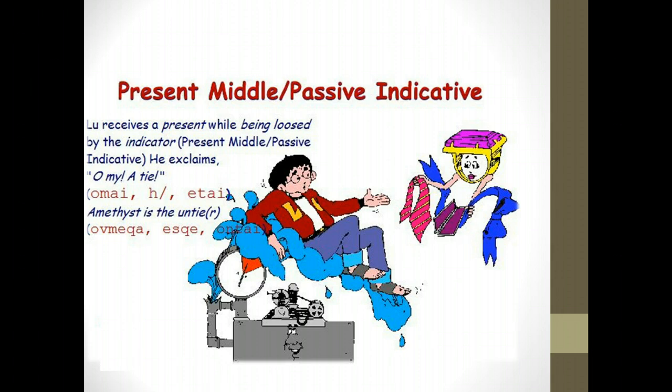So you look at this in your book and you might find this to be a helpful way to remember. He's sitting on the indicator as Amethyst comes down to him and he says, "Oh my, a tie, Amethyst is the one untying," or Amethyst is the untie.